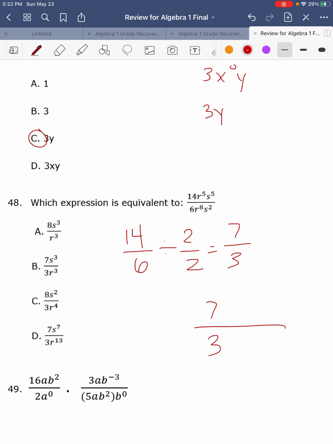Then if I subtract my exponents, I get 5 minus 8 is r to the -3. 5 minus 2 would give me s to the power of +3. And remember, anytime you have a negative exponent, it just goes to the bottom. So this would really be r to the 3rd on the bottom. So 7s to the 3rd over 3r to the 3rd. So it'd be B.